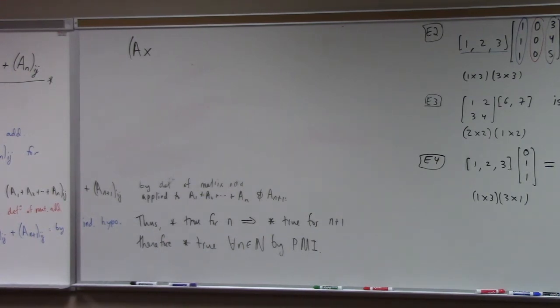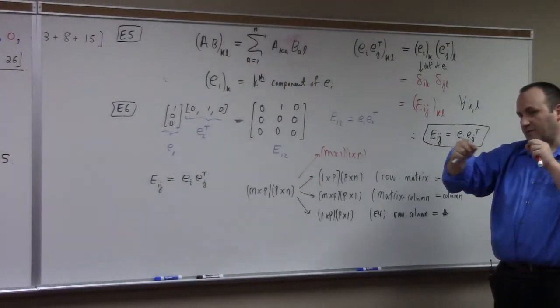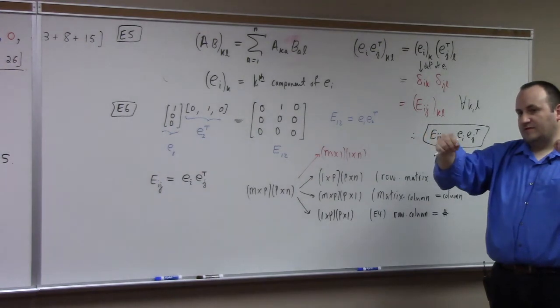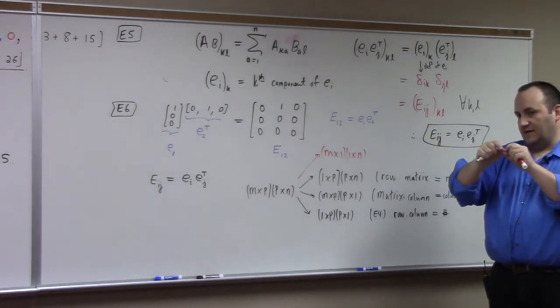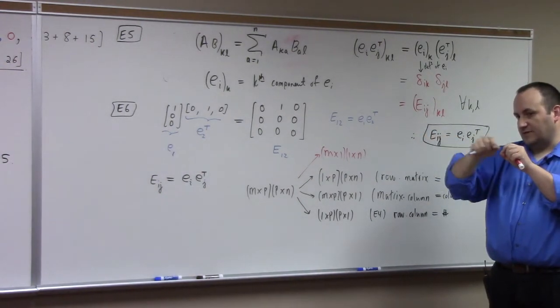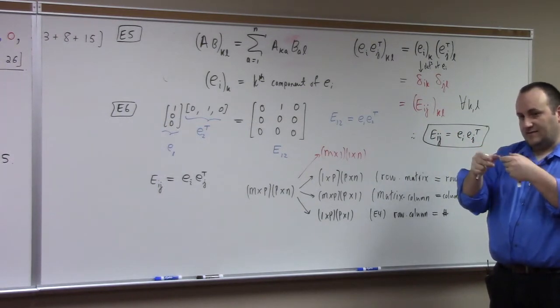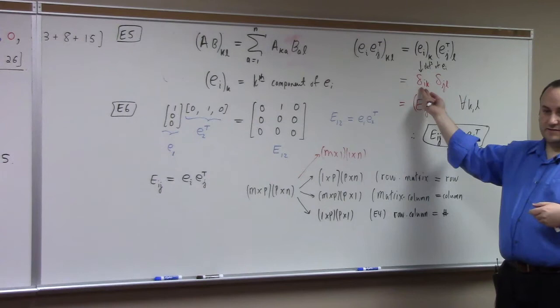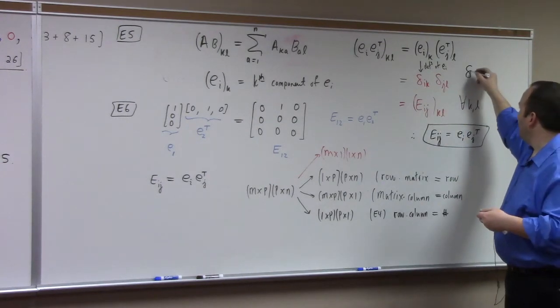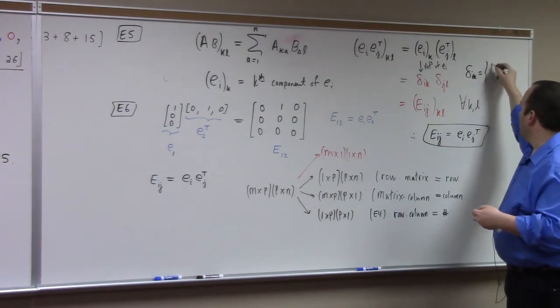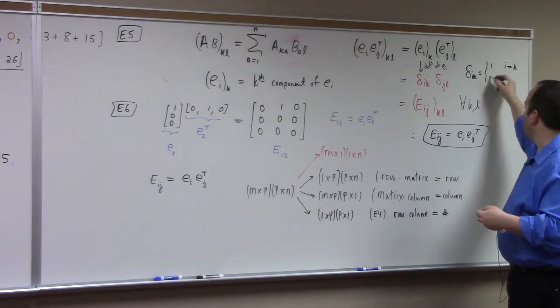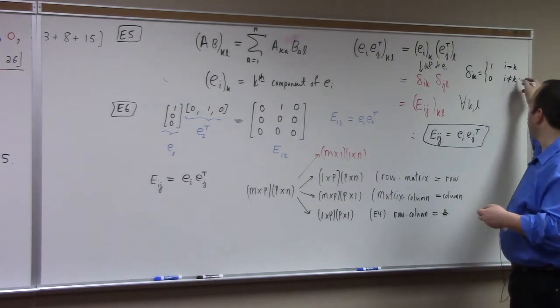It has a 1 in the ith spot, and it has a 0 everywhere else. So if I ask what's the kth component of that, it's 0 when i is not equal to k, and it's 1 when i is equal to k. That is the Kronecker delta. That's what this means: Kronecker delta ik, 1 for i equal to k, 0 for i not equal to k.